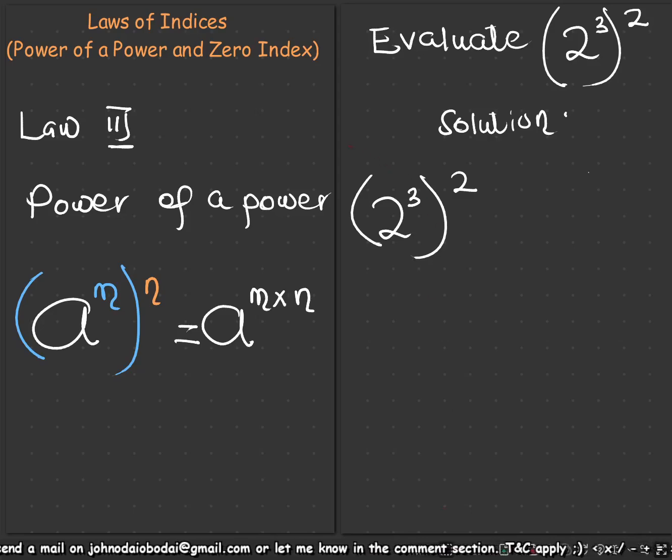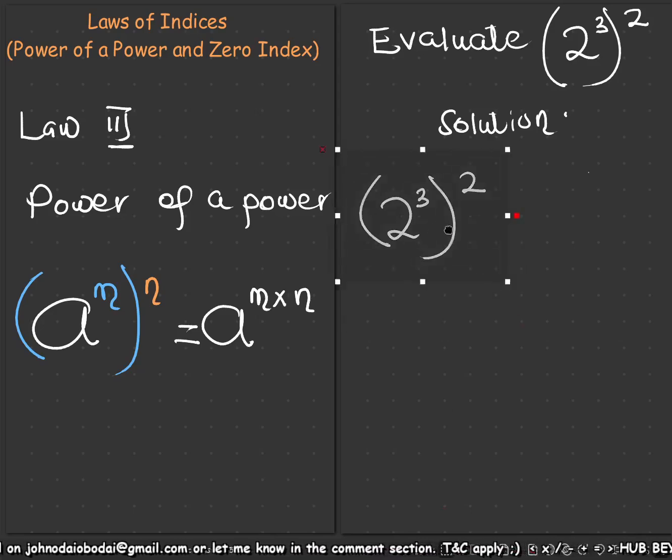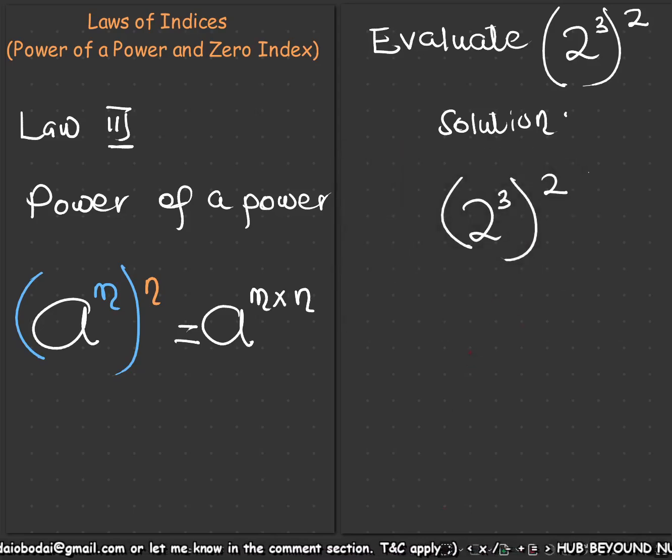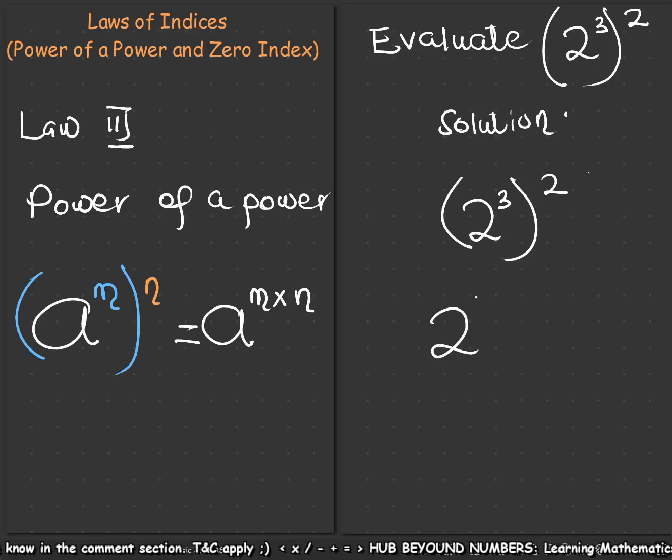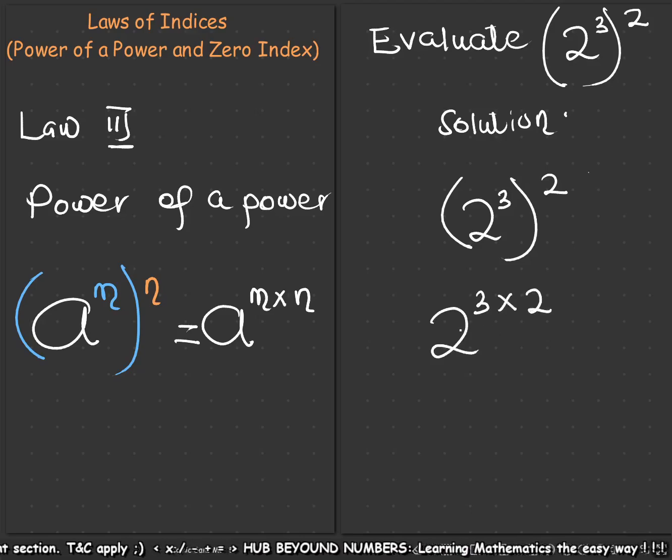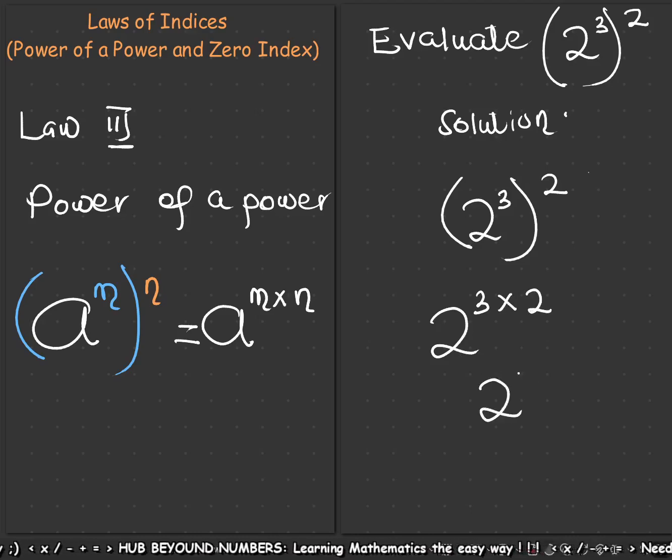Now if we are to use the power of a power law over here, then all it is saying we should do is we have 2 raised to the power 3, let's multiply the 3 by 2. And 3 times 2 gives us what? 6.